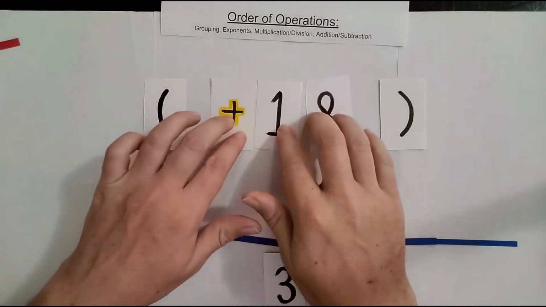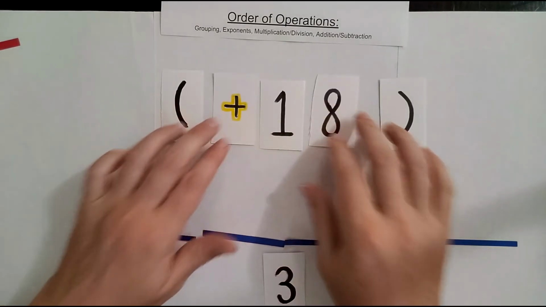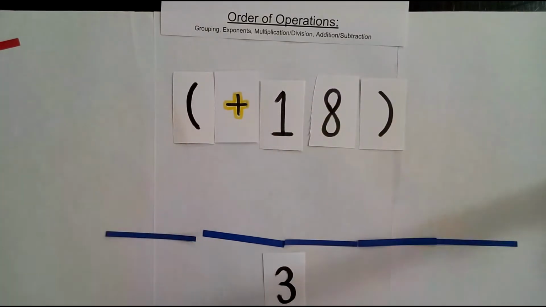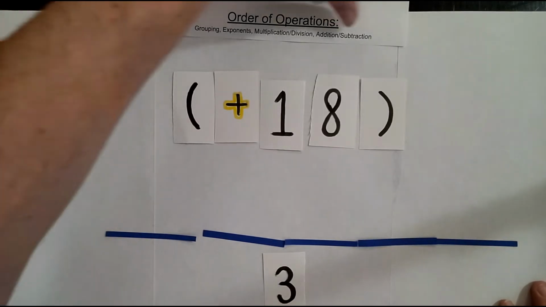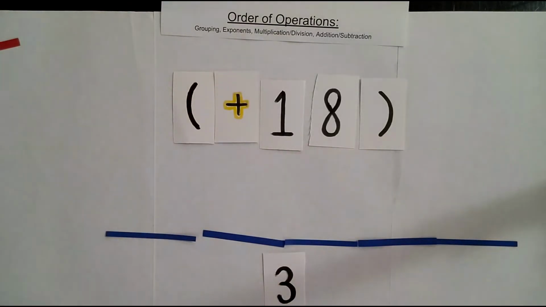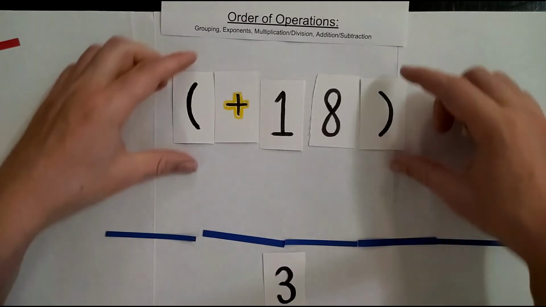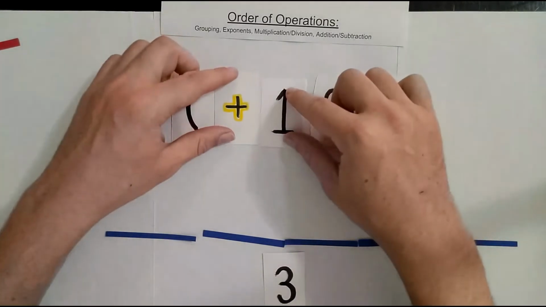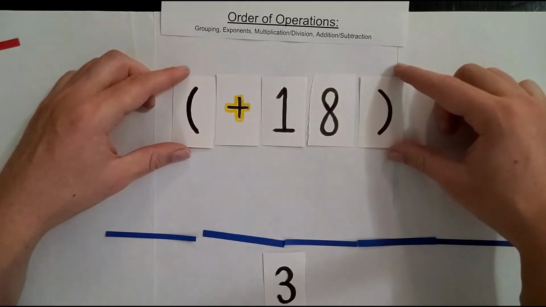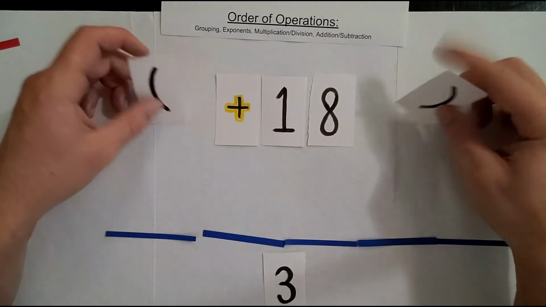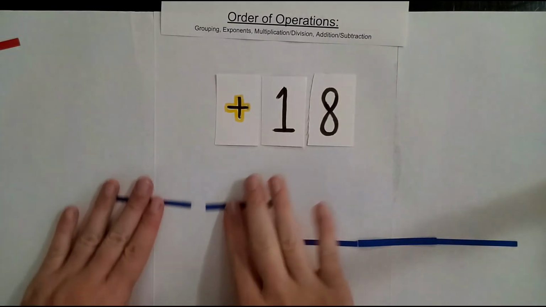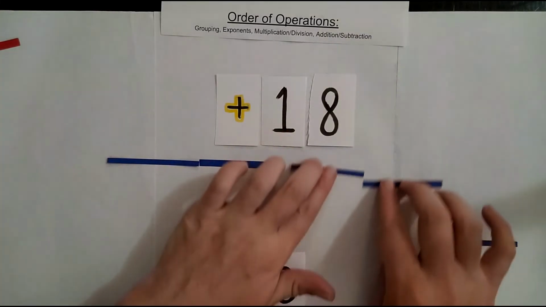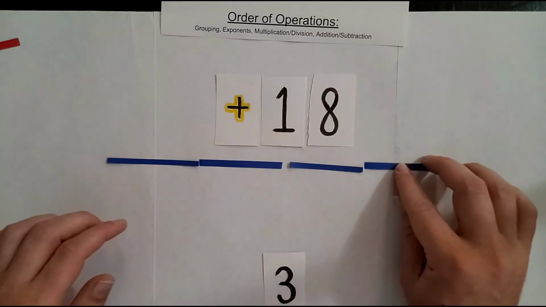And it is a positive 18 because we had that positive 20. Now at this point, there are no more operations within this group. So that means that we can get rid of this grouping. Now that we're done with that grouping, we can take a look at what is outside of the grouping again.